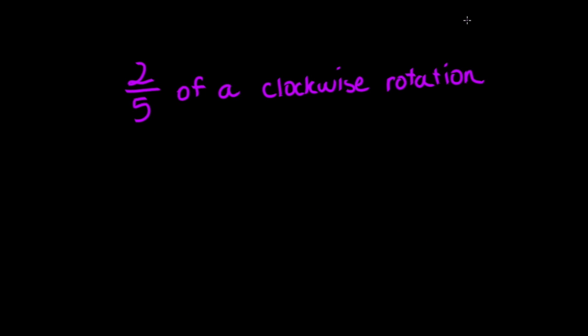Now we are going to look at if we were given a problem that has a fraction. Look at this problem. We need to transform this fraction into degrees so we can sketch it on our graph. Since the problem says clockwise rotation, we know that the angle is going to be negative.